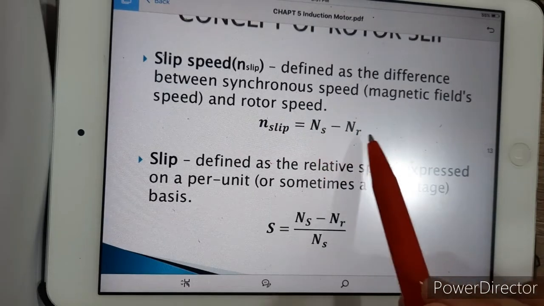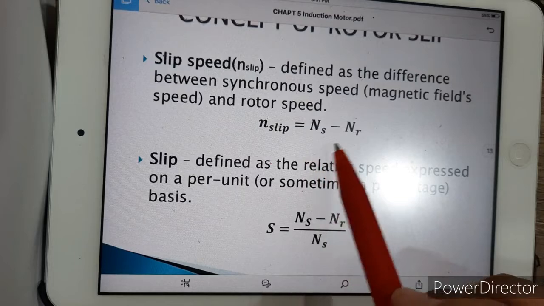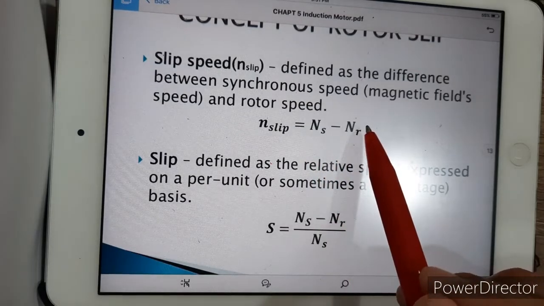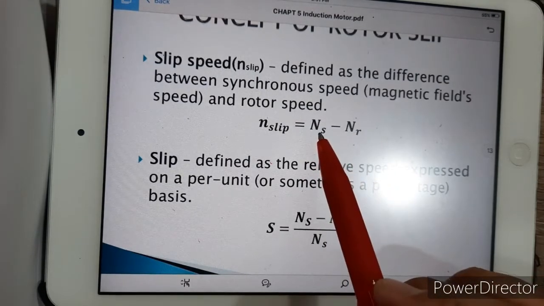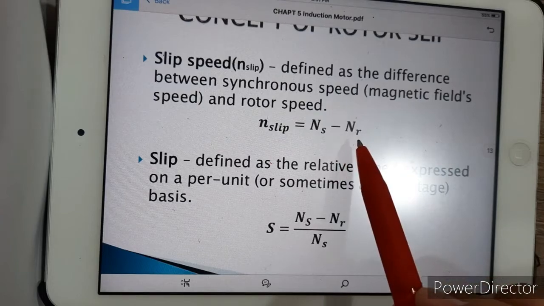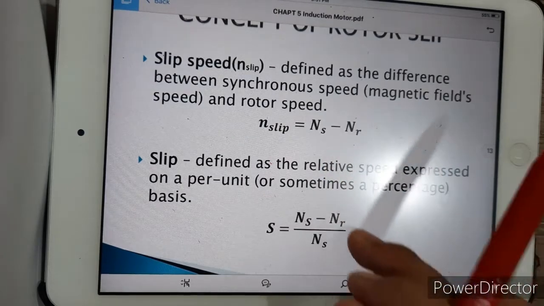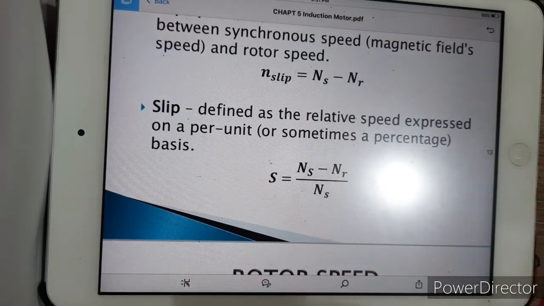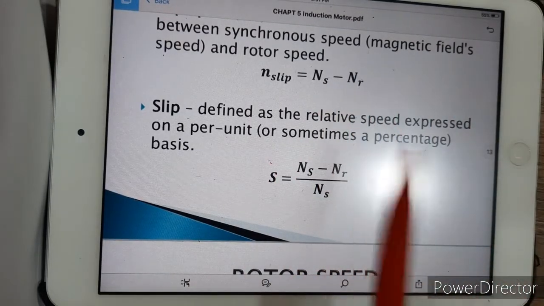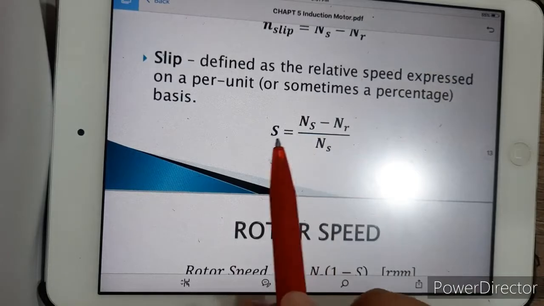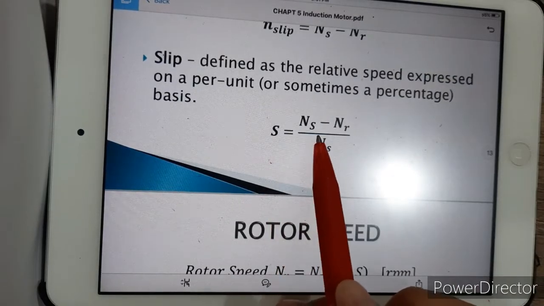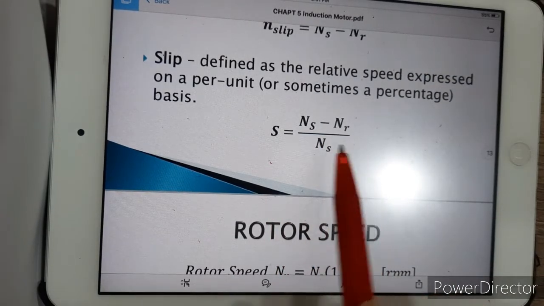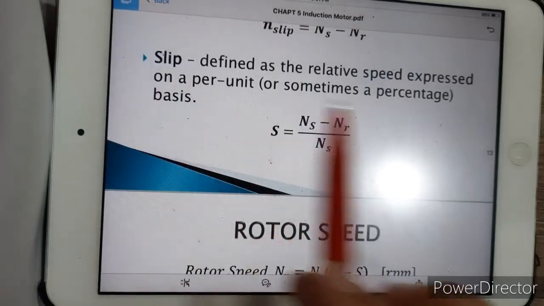Remember, we have the stator and rotor parts. NS minus NR: for an induction motor, NR is always less than NS. Slip is the difference between NS and NR. By equation, S equals NS minus NR divided by NS, where S is the slip.